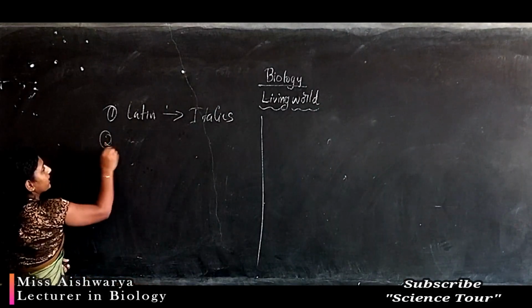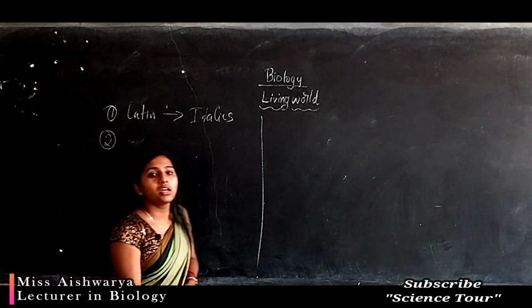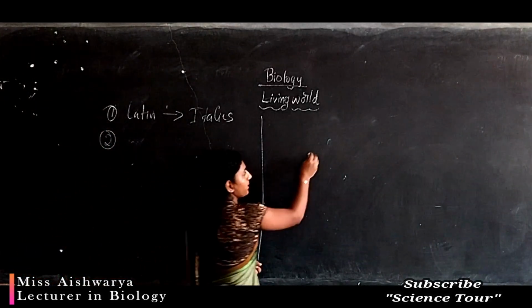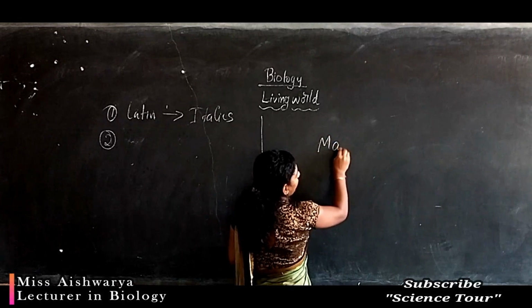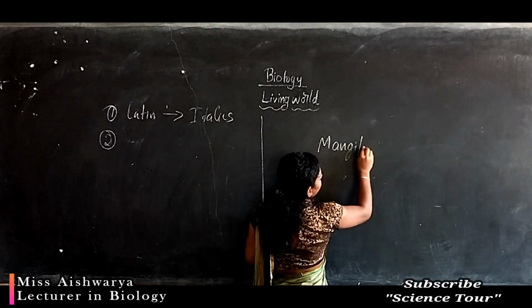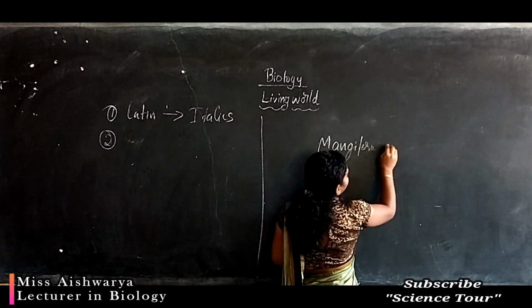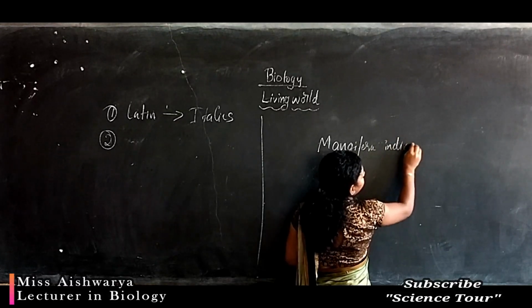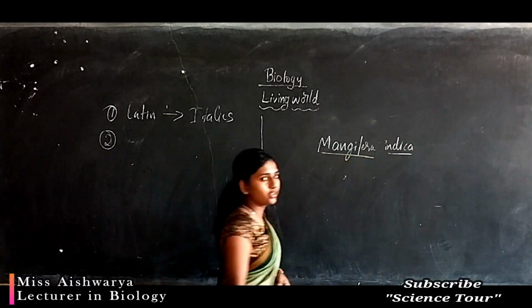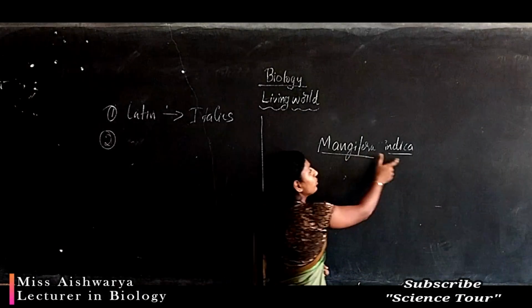The second point is the scientific name should contain two components. If you take mango as an example, Mangifera indica is the scientific name of mango. It should contain two components.